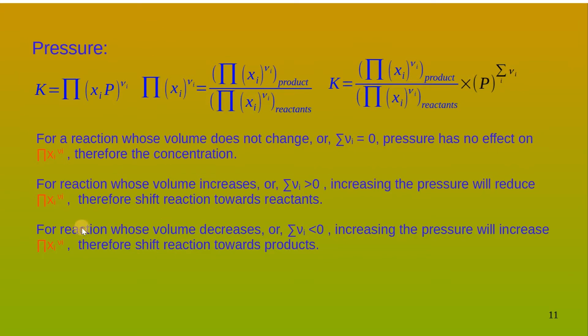Yes, for a reaction whose volume decreases, or summation nu I is less than 0, increasing the pressure will increase the value of this, that is nothing but the product of concentrations or mole fractions raised to their stoichiometric coefficients. Therefore, the reaction will shift towards the products.